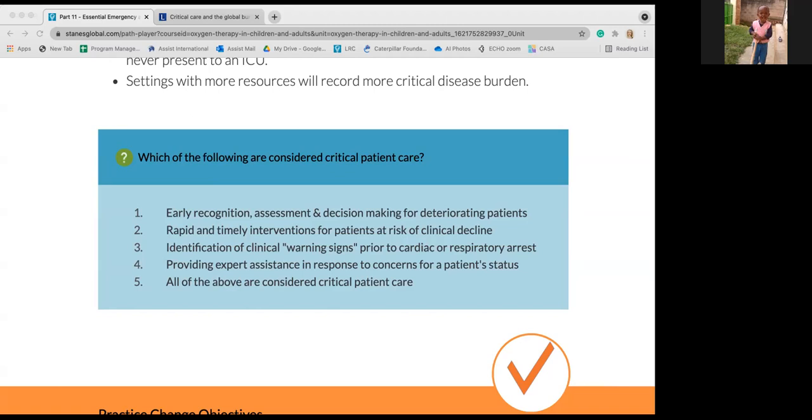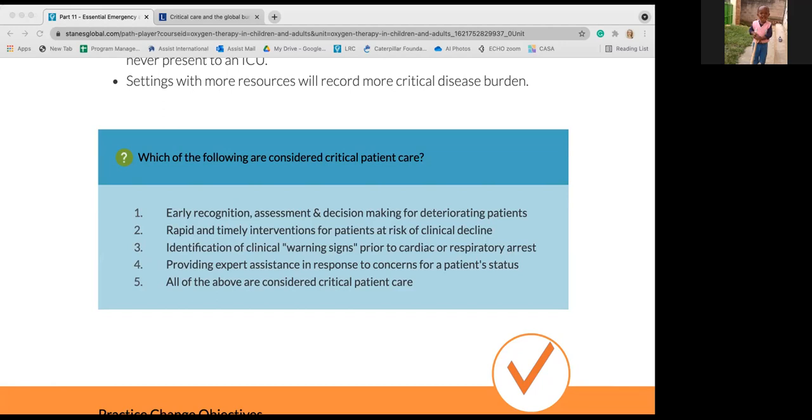Which of the following are considered as critical care patients? So we have 5.